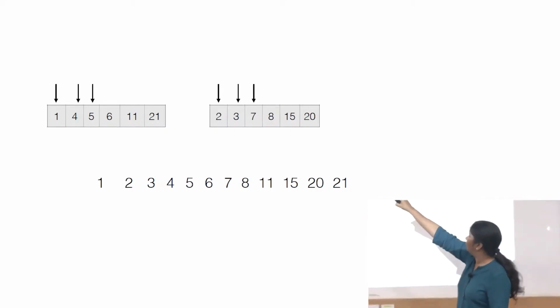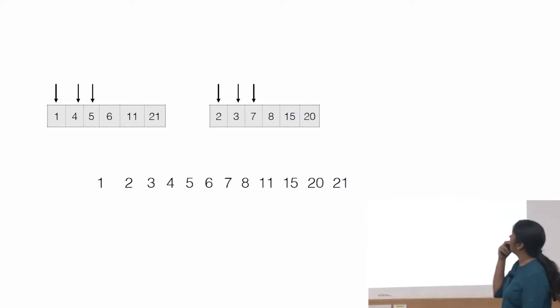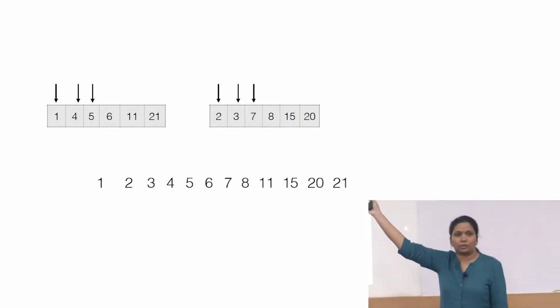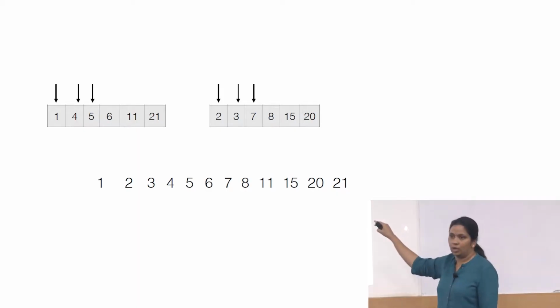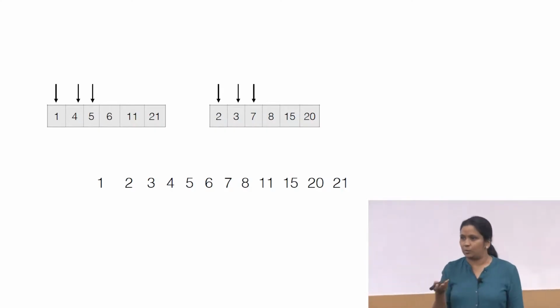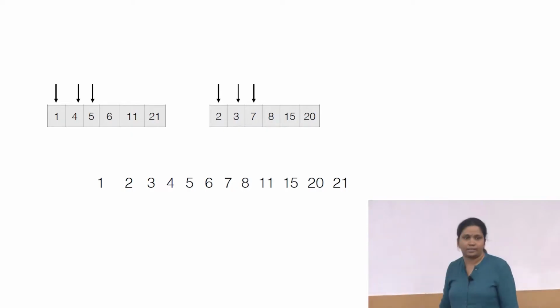You move that pointer to the next element. Now the pointer is at 4 there and 2 here. Whichever is smaller, again you move to the second position, and so on. I don't have to explain it much, I'm assuming you have already seen it. So this is the conquer step.